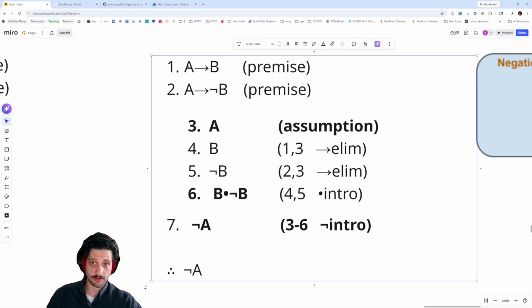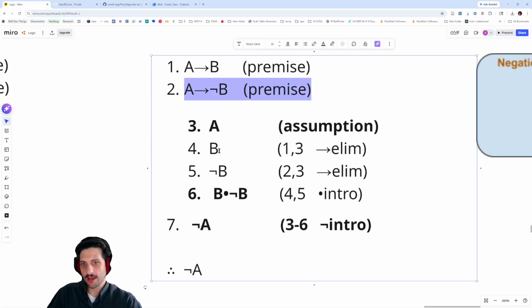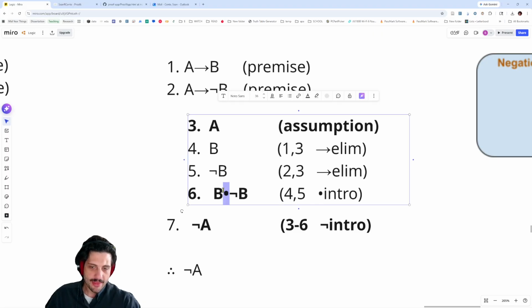That's just an easy conditional elimination from lines 1 and 3. B has to be true. But also, lines 2 and 3 tell me that not B has to be true. That must mean that based on this assumption, I should be believing that B is simultaneously true, but it's also simultaneously false.